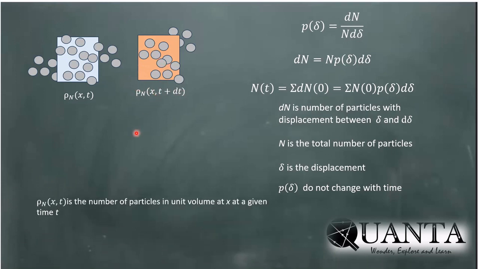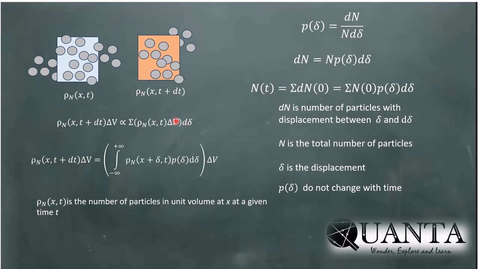The number of particles, which we can obtain by multiplying the number density by the volume element, after t plus dt should be proportional to the initial particles at x and t in that volume, summed over all the displacements, because through the displacements we can keep account of the number of particles that enter and leave.